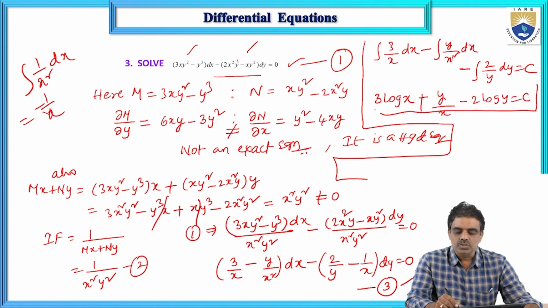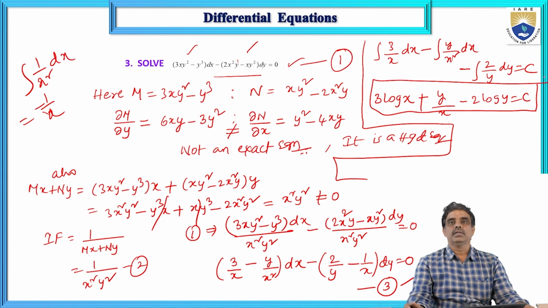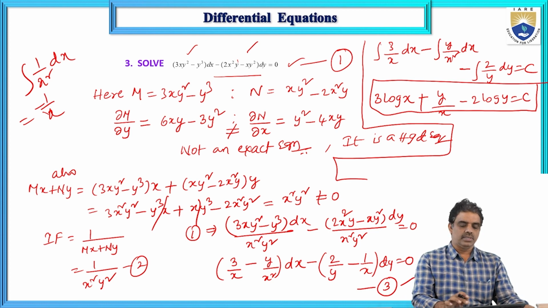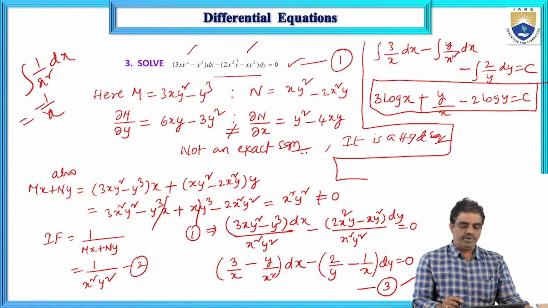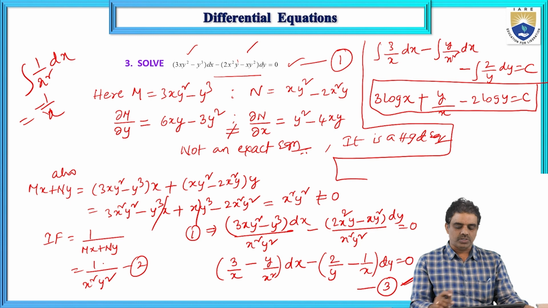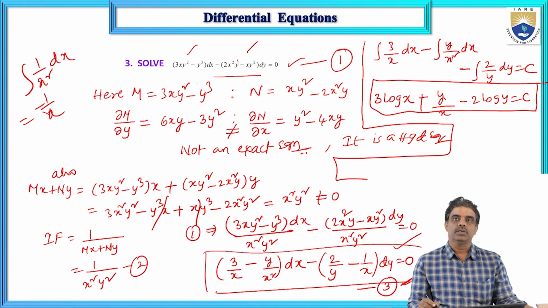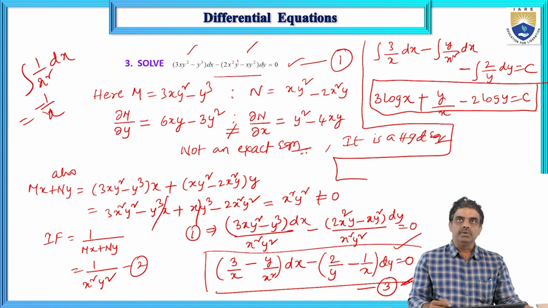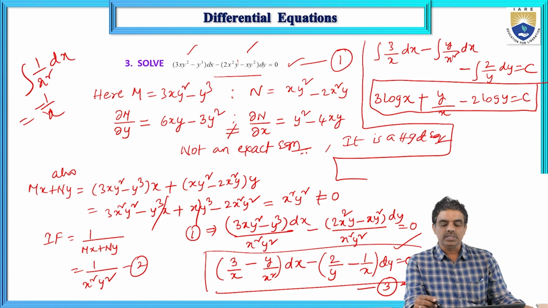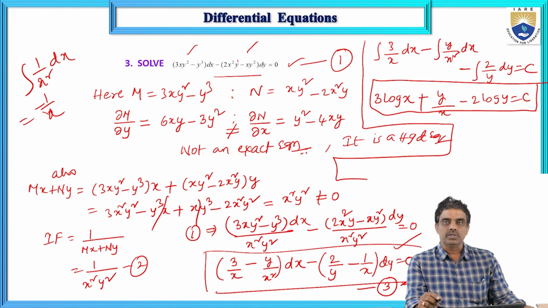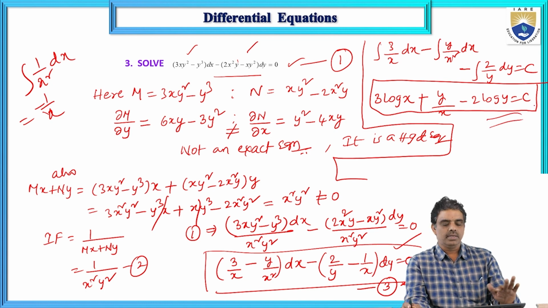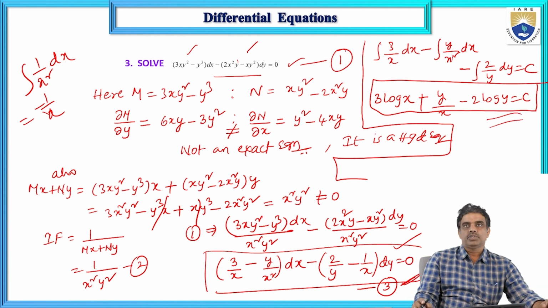This is the solution of the given non-exact differential equation. If it is not exact, we made it exact by using the integrating factor, equation 2. Then the equation reduced to this form and it is an exact equation. After getting the exact equation, we solve it using the procedure for finding the solution of an exact differential equation. On solving, we get the required solution of the given equation number 1.